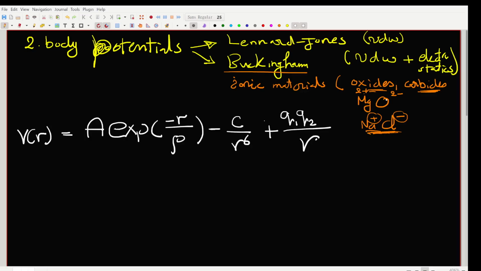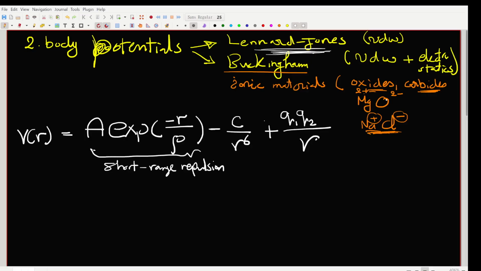And now let's take a second to look at these terms. This is supposed to represent short-range repulsion. Remember, this is similar in the Lennard-Jones potential to the r power 12 term, right?